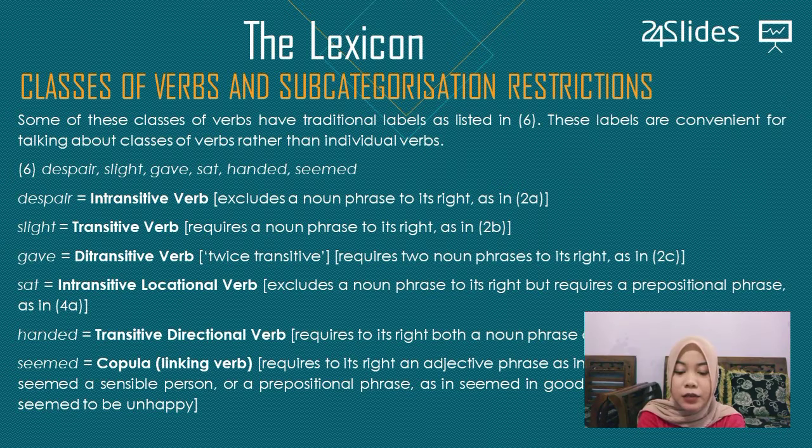An intransitive verb excludes a noun phrase to its right as in 6a. Then slighted. A transitive verb requires a noun phrase to its right as in 6b. Gave, a twice transitive verb, requires two noun phrases to its right as in 6c. Then sat, an intransitive locational verb, excludes a noun phrase to its right but requires a prepositional phrase as in 6d. Then handed, a transitive directional verb, requires to its right both a noun phrase and a directional phrase.